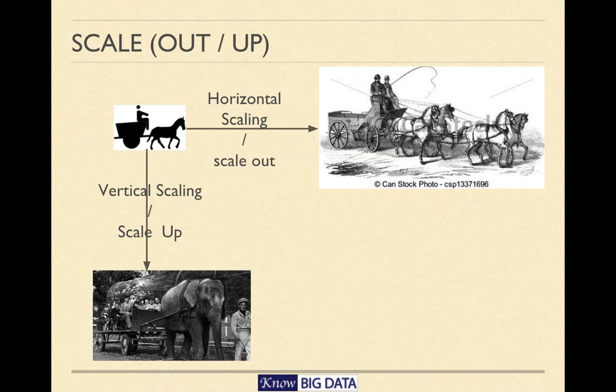All right? Scaling up is an easier choice, okay? Because you can leave the same cart and add a bigger animal in the cart. Similarly, you don't have to change the architecture of your application. You can simply upgrade the server, okay?